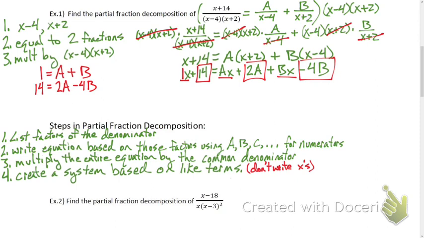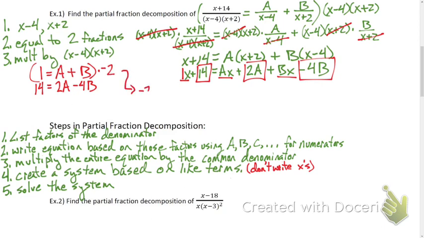And then I just solve the system. So last step, solve the system, and you're done. So let's make a cancel out. I'm going to multiply by -2.